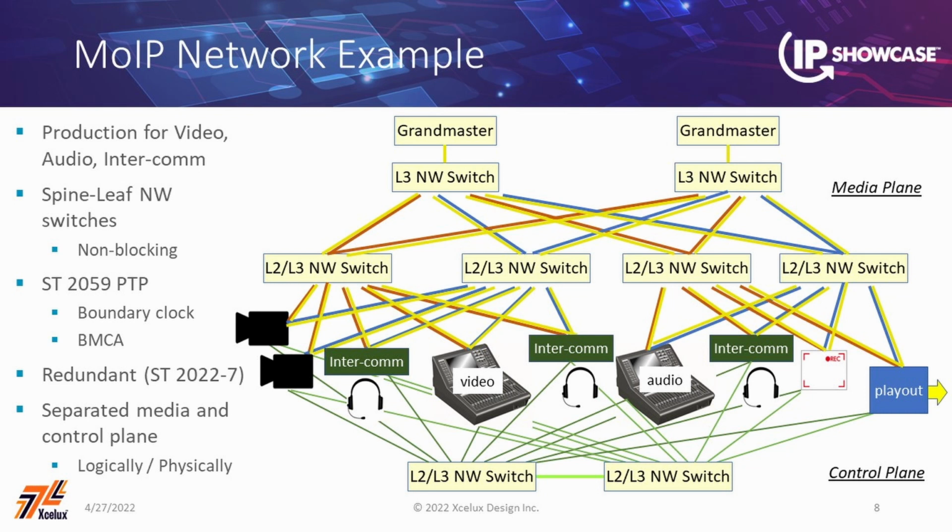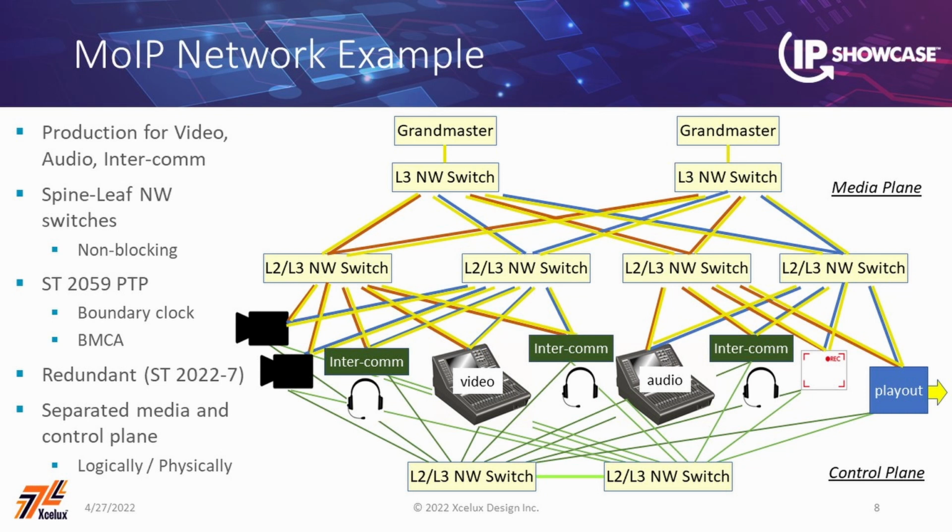This is an example of a MoIP network according to the JT-NM guideline. I designed a similar network, and it has grandmasters, L2 switches and L2/L3 switches, as well as cameras, intercommunication equipment, video and audio switches, recorders, and player equipment.